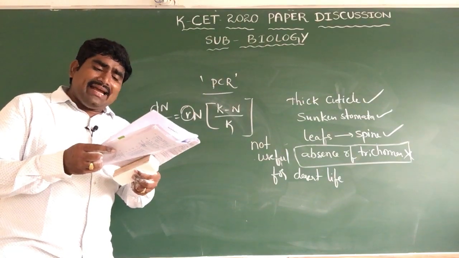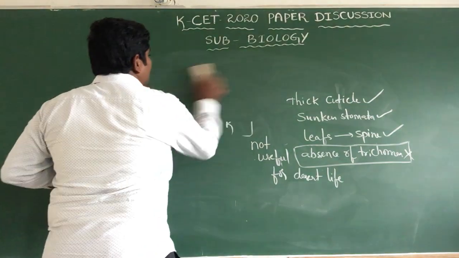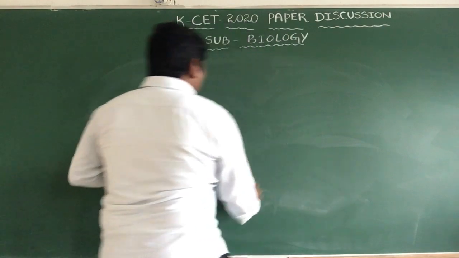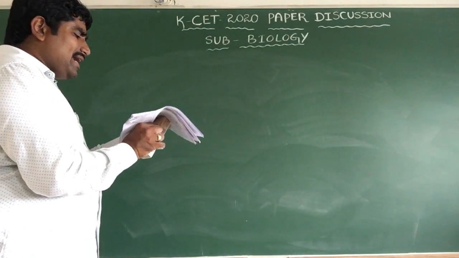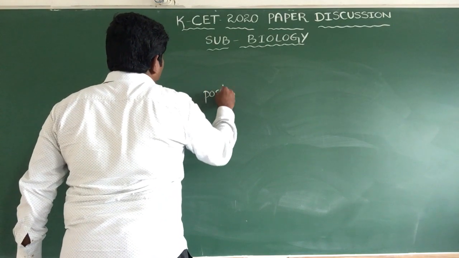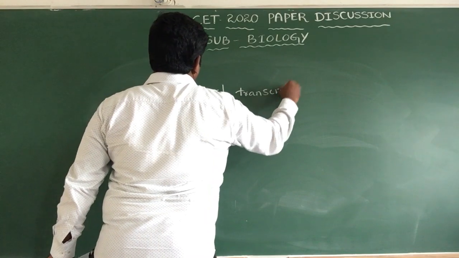Next one, in RNA interference, what happens? In RNA interference, the dsRNA molecule prevents. See, RNA interference is also known as post-transcriptional gene silencing.